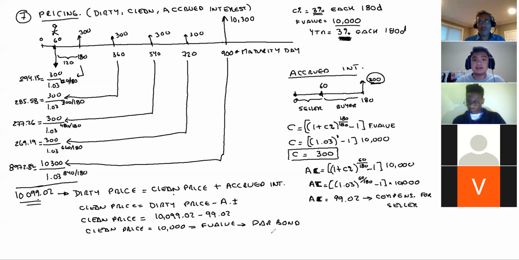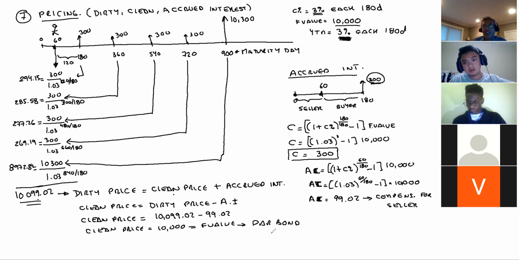So in the real life setting, when I buy the bond from you, you'll keep the $99 and I'll keep the rest. Exactly. So you pay me now the $99.